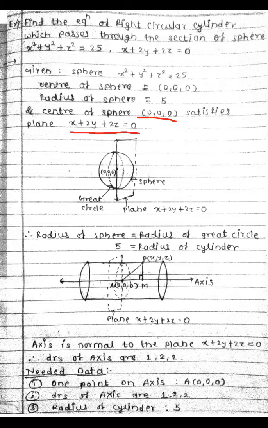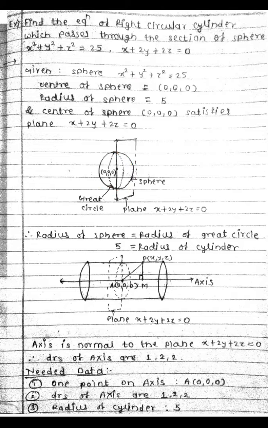That means if you put x0, y0 and z0 in the equation of the plane, you will find the answer is 0. So what does this imply? It implies that this point lies on the plane. That means the center of the sphere lies on the plane. So look at the figure, here is a sphere and it intersects with the plane.